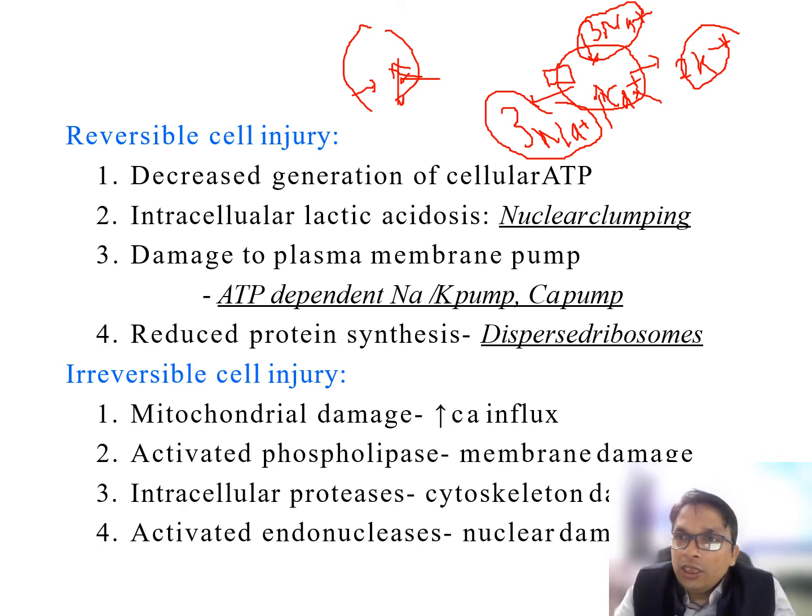This endonuclease enzyme is responsible for the breakdown of the nuclear membrane, and that results in nucleus damage, and damage of the nucleus results in cellular injury, and the best example of it is apoptosis. Now we'll see in detail, one by one, the different pathogenesis involved in cellular injury.